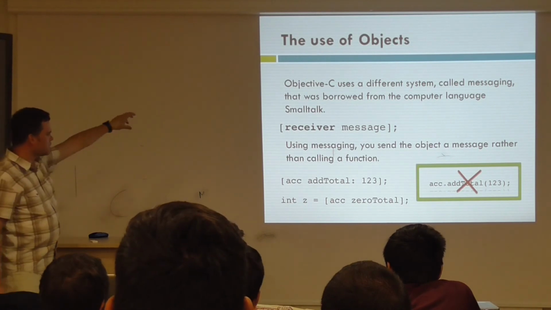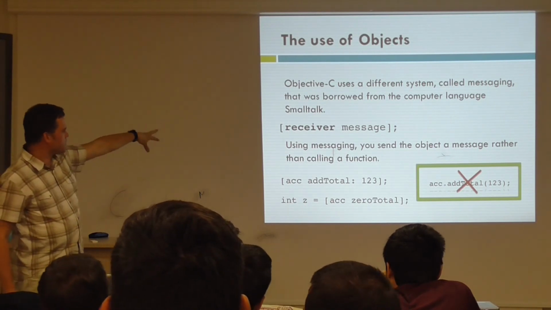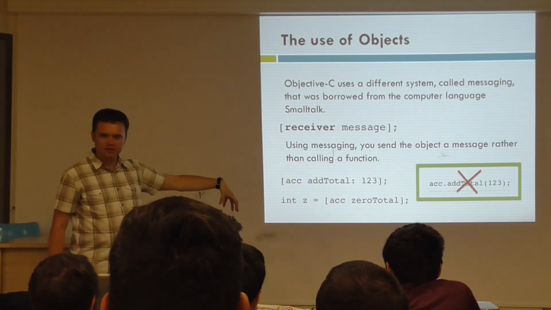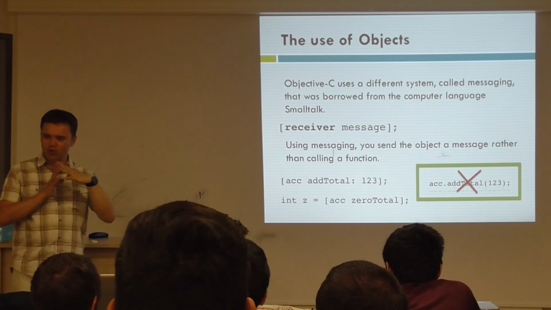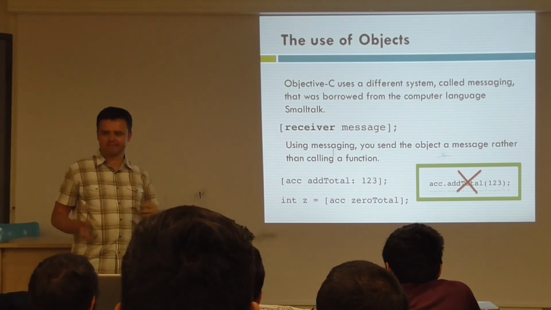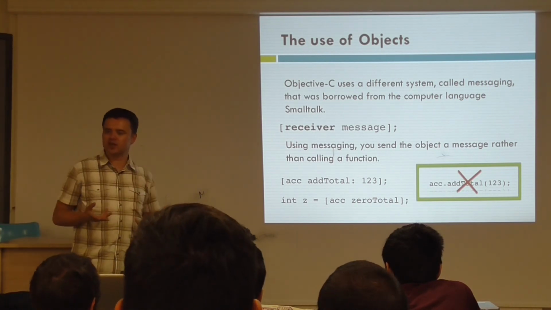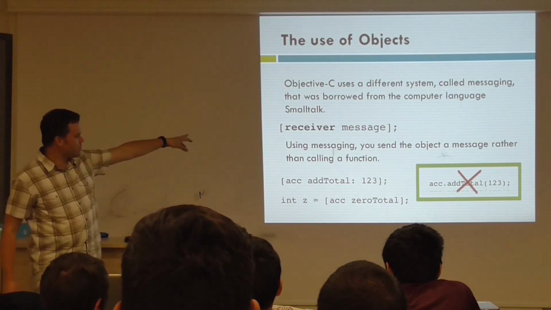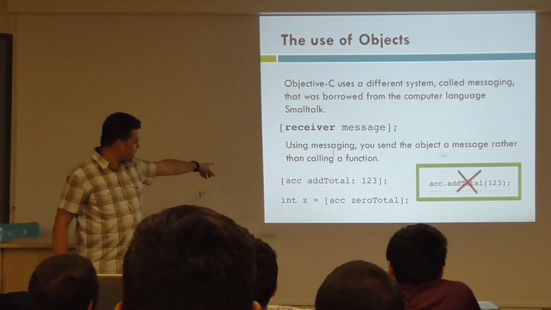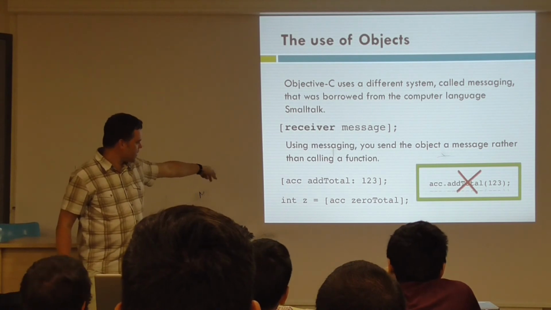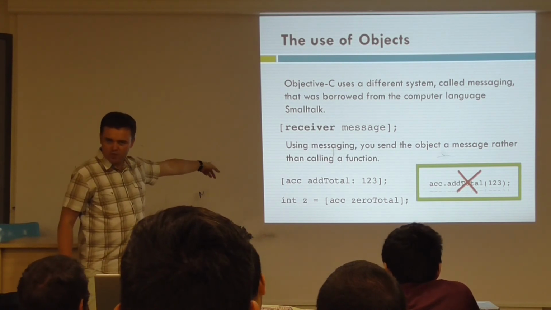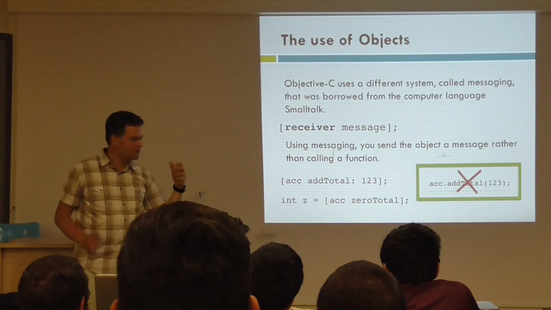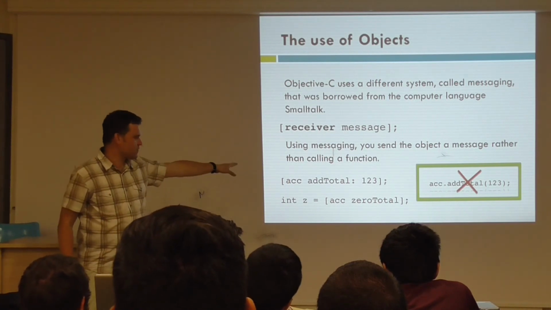Remember that. So when we want to call something, in fact, we are not calling a method, but we send a message. So we receive a message, and in our case ACC is the name of the object represented by the pointer, in fact this pointer, and total is the message.